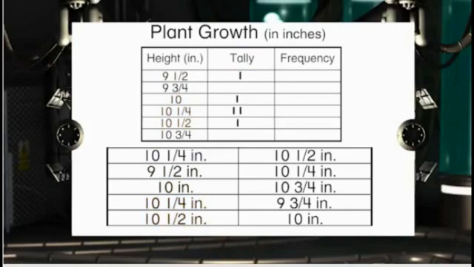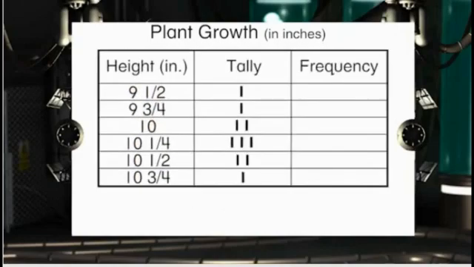That's the first column of the data table. Now, let's finish the frequency table by recording the rest of the heights. The remaining heights are 10 1/2, 10 1/4, 10 3/4, 9 3/4, and 10.